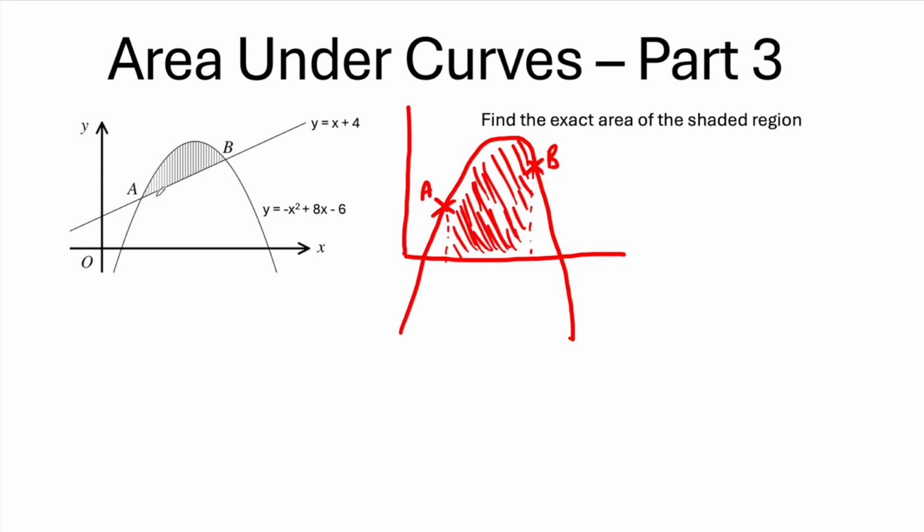Now, we can see that in the actual question, we can put this area down like this. We're missing a chunk, aren't we? Similar to the previous question we did in the previous video. This time, that chunk that we're missing is a trapezium.